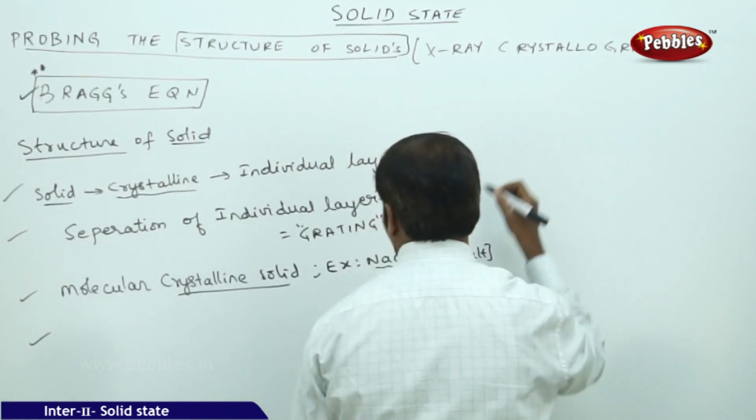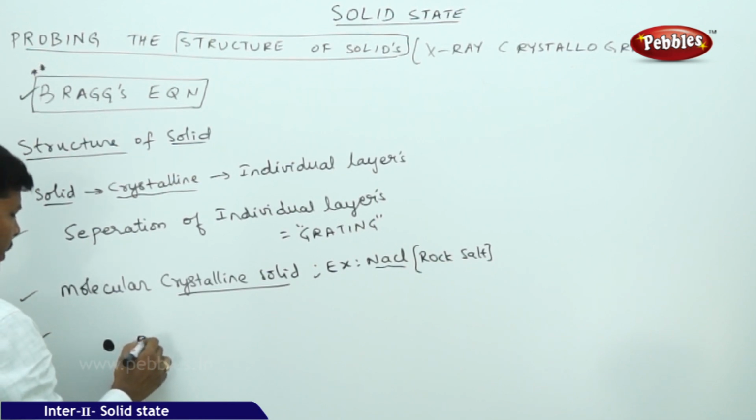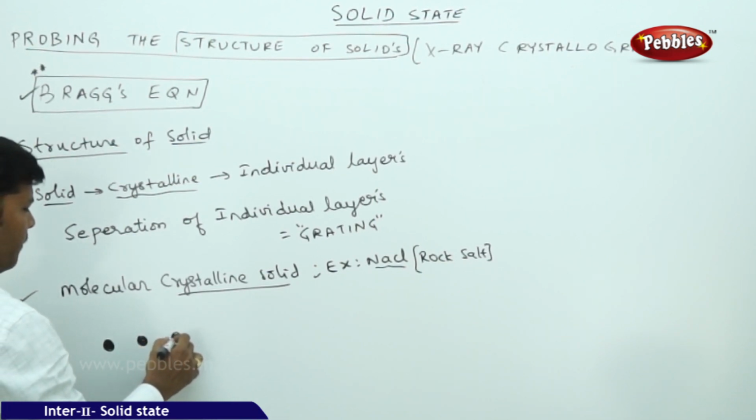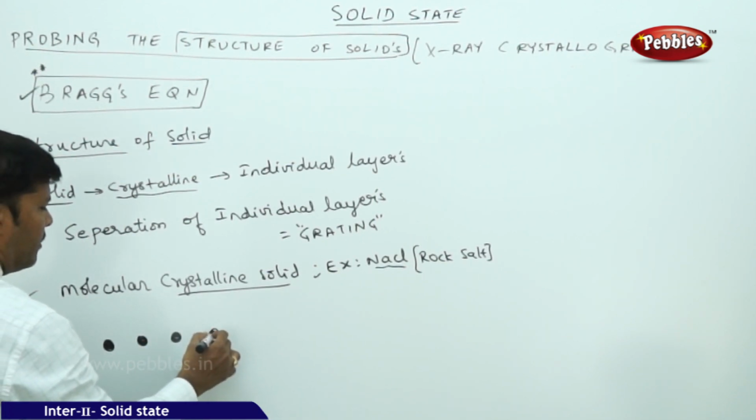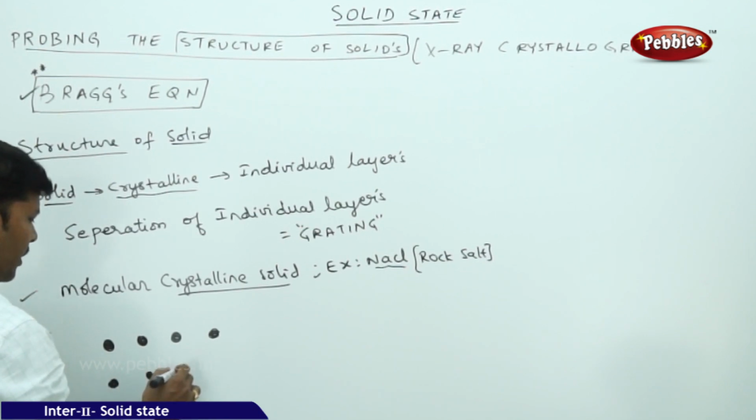Suppose I am taking one Na+ ion, suppose this is one sphere, this is another sphere, another sphere like this. Suppose I take some group of spheres like this, which are spherical in shape.